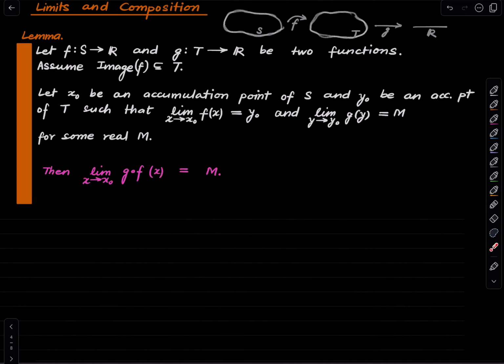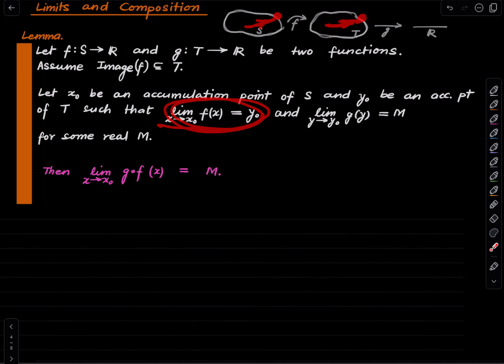So to justify this somewhat heuristically, x0 is an accumulation point. I'll just think of it as lying somewhere here. As you come closer and closer to x0 using the points of S, you come closer and closer to y0. y0 is an accumulation point of T. I'm just thinking of them as lying on the boundary.